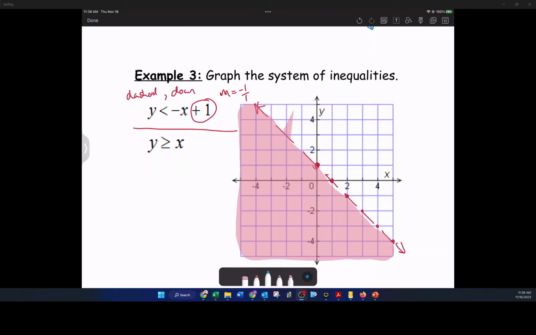All right, and the second line, it is solid, and we're shading up. Now there is no y-intercept, so we're starting at 0. My slope is 1, so up 1 over 1.